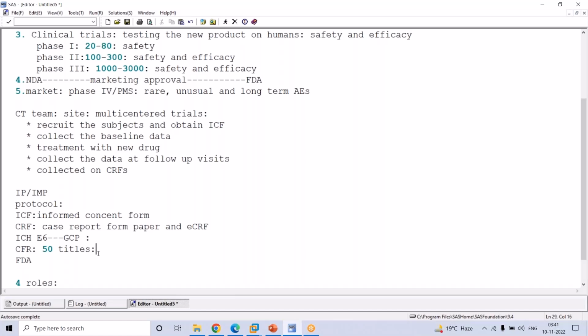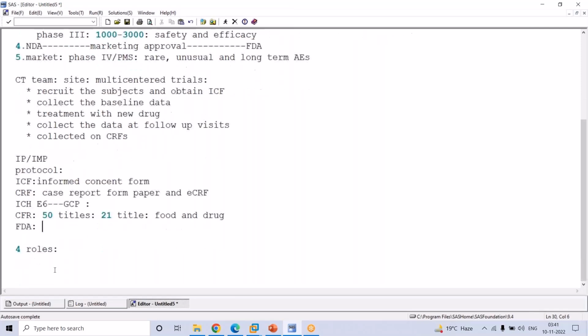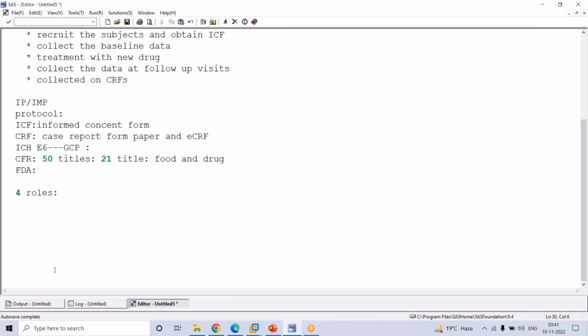We are not going to use all the titles. Title 21 deals with food and drug. Anything related to food and drug, you will find in Title 21. FDA, you know, Food and Drug Administration. Okay. So this is the basic terminology.